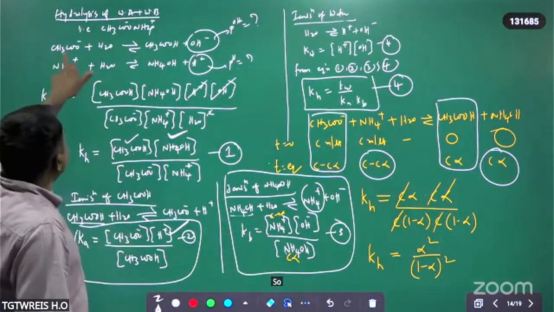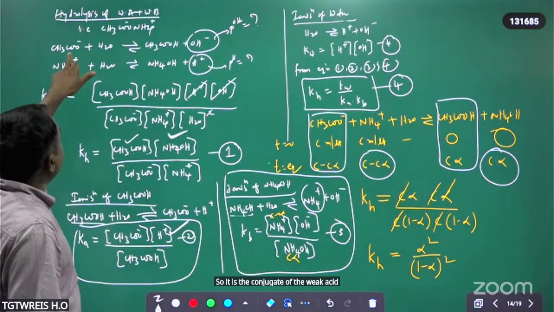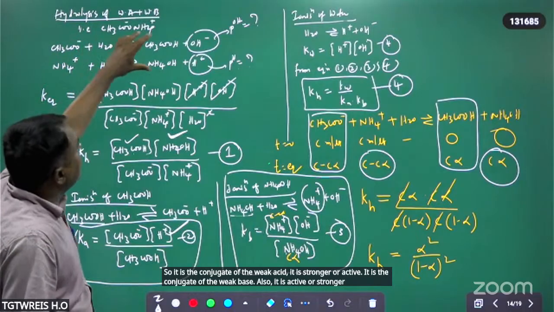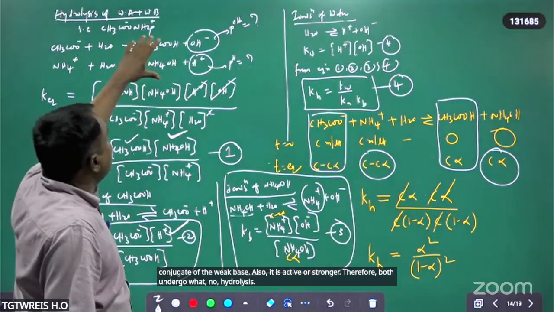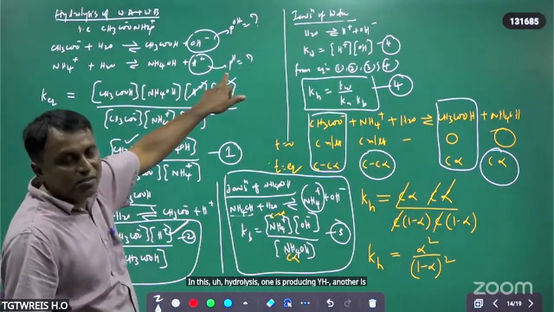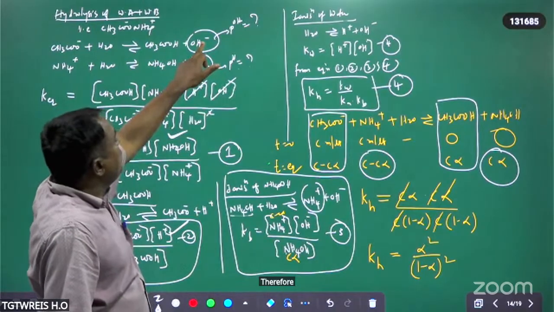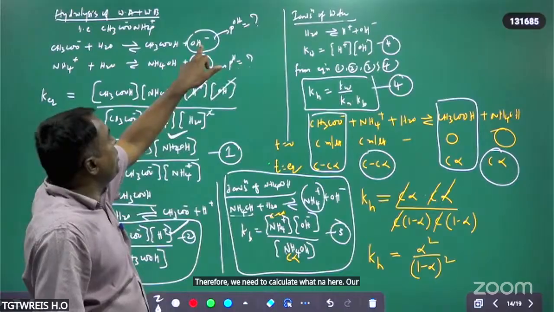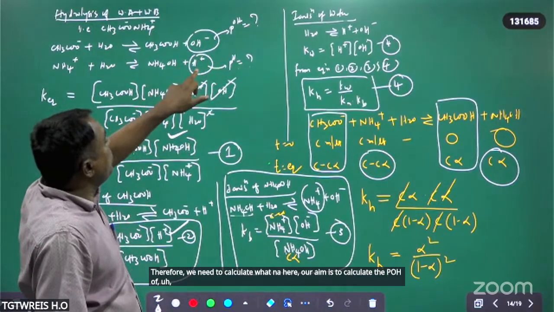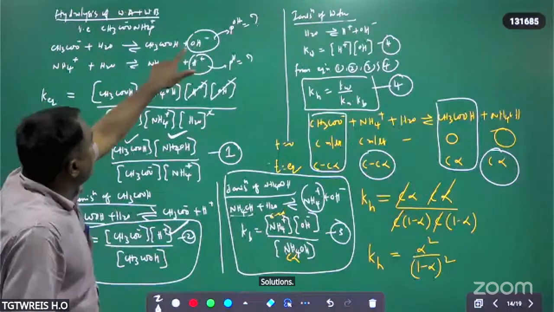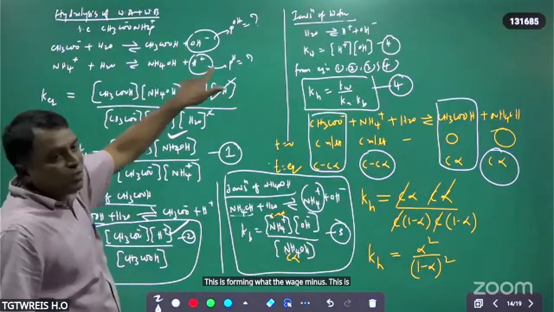So it is the conjugate of the weak acid, it is stronger or active. It is the conjugate of the weak base also, it is active or stronger. Therefore, both undergo what now? Hydrolysis. In this hydrolysis, one is producing OH minus, another is producing H plus. Therefore, we need to calculate what now here. Our aim is to calculate the pOH and pH of these solutions. This is forming what now? OH minus. This is forming what now? H plus.